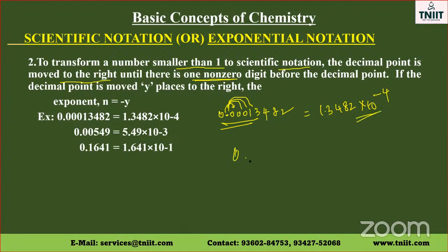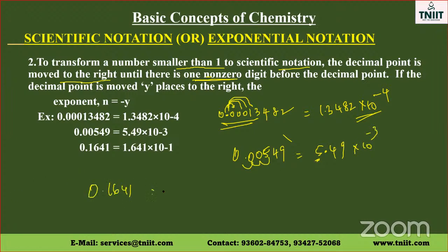Similarly, the second example, 0.005549. This will be written as 5.549, 3 digits, 1, 2, and 3. The first one should be a non-zero. The decimal point is moved to the right until one non-zero. So 5 is a non-zero, into 10 to the power. Since we're shifting it 3 digits, it will be minus 3. And 0.1641.